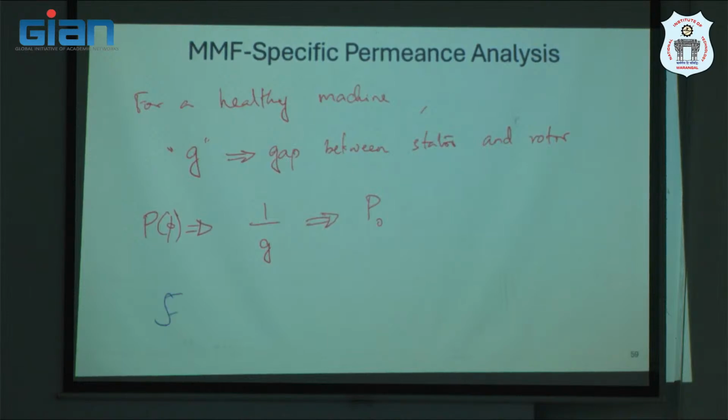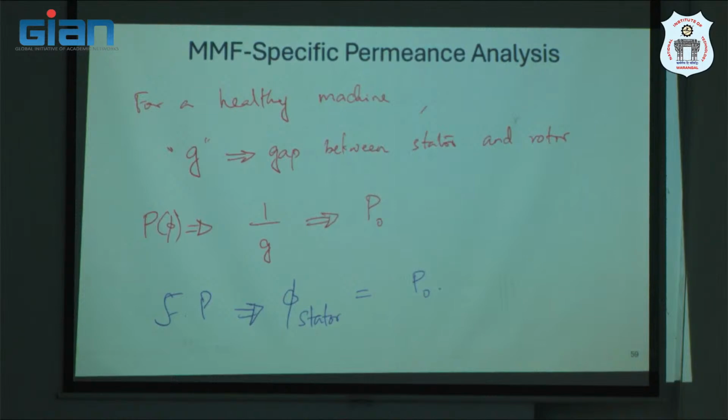So MMF times permeance, which will be a flux or flux density, depending upon whether you are considering area or not. And we are looking at the stator reference frame, right?